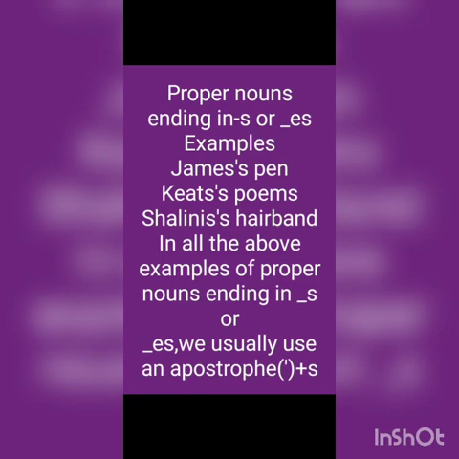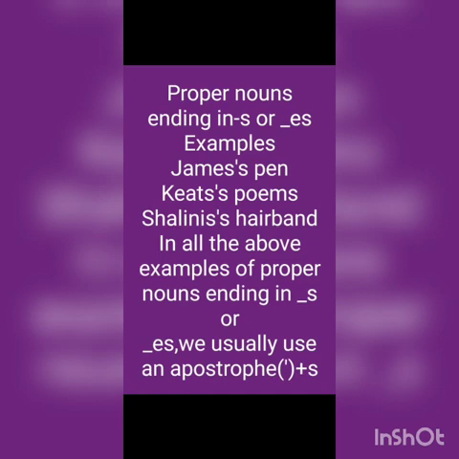So students, now I will tell you that in the case of proper nouns, if the proper noun is ending in s or es, what we have to do, how the apostrophe is used. So look at the examples, students. Like the very first example, it is written James.